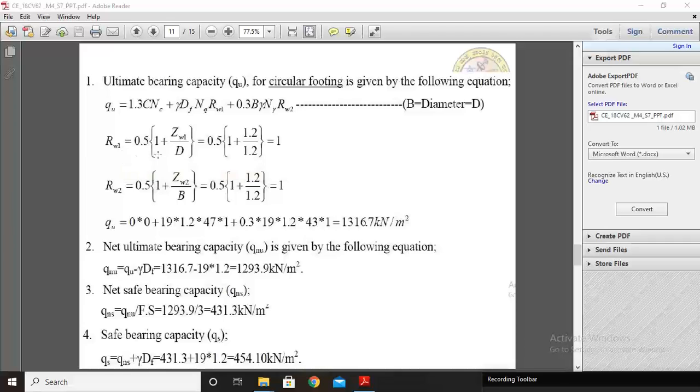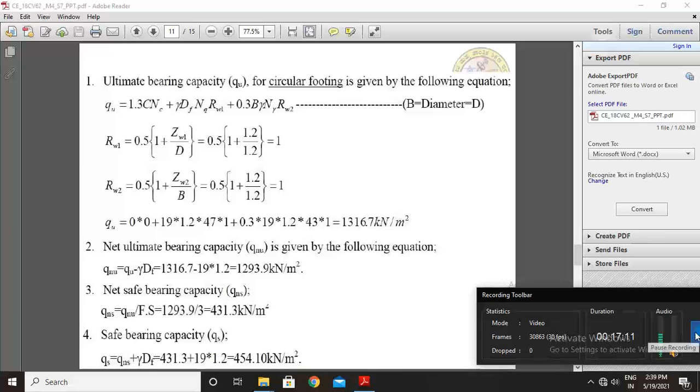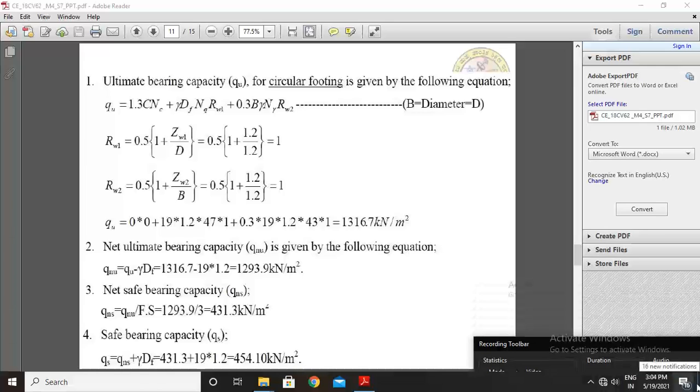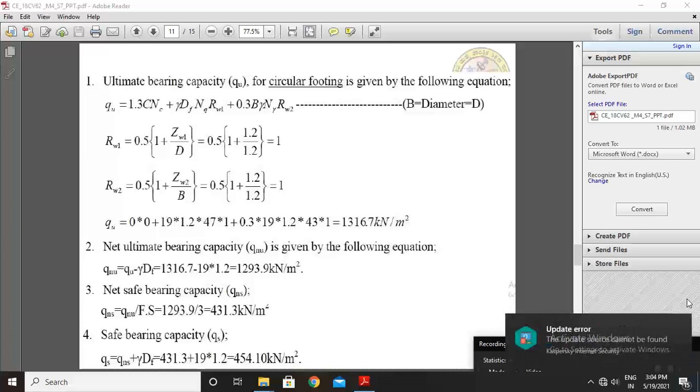RW1 equal to 0.5 times 1 plus ZW1 by D. In step 1 we have seen the equation: QU equal to 1.3 times C NC plus gamma Df NQ RW1 plus 0.3 times B gamma N gamma into RW2.